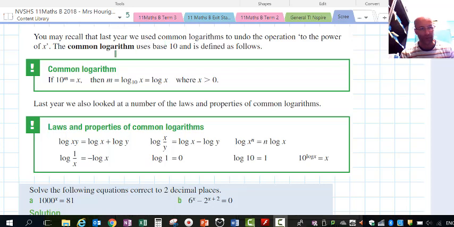Last time around we did a bit of work on logs, or the common logarithm. Typically, if not stated, we understand that it's base 10 logarithm. Sometimes it is stated just like there, but remember, converting between index notation and logarithms is a process where if we have 10 to the m equals x, then m, the index, becomes the answer, and we have a base of 10 here, so we have a base of 10 here, and m equals log of x to base 10.